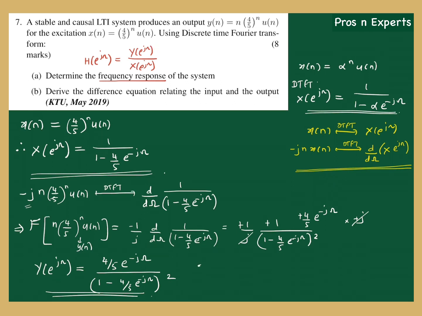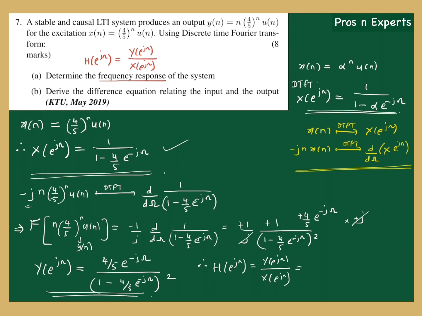That means H of e raised to j omega is equal to Y of e raised to j omega divided by X of e raised to j omega. Sorry, I'm so sorry for that.